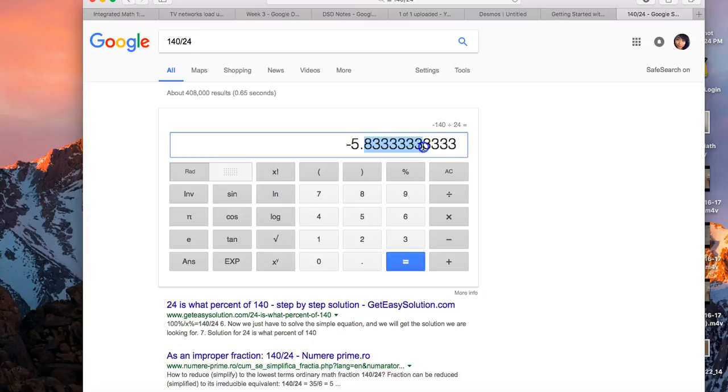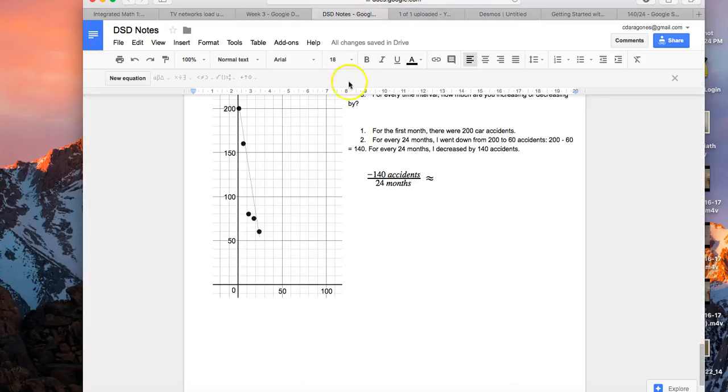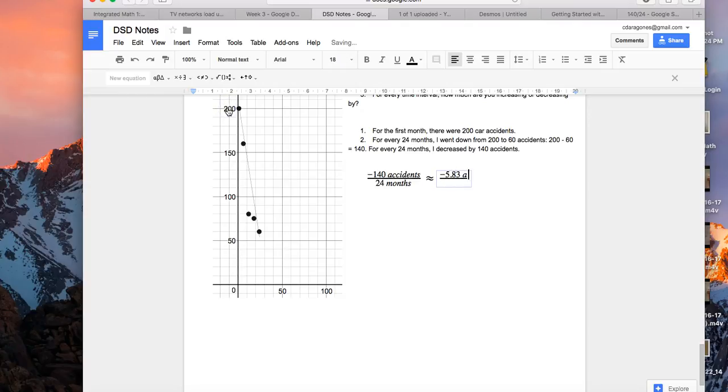It's exactly negative 5.833333, but I don't want to include all that. So I'm just going to say it's about negative 5.83. So about every month I'm decreasing by negative 5.83 accidents per month. So for the whole 24 months, I decreased by 140 accidents. But to see how much it was per 1 month, I divided, and it was about negative 5.83 accidents per month.